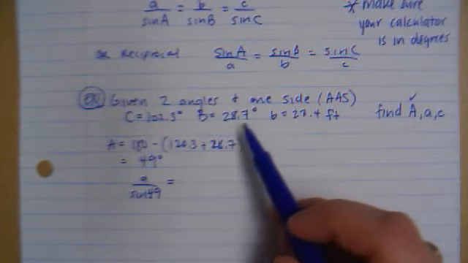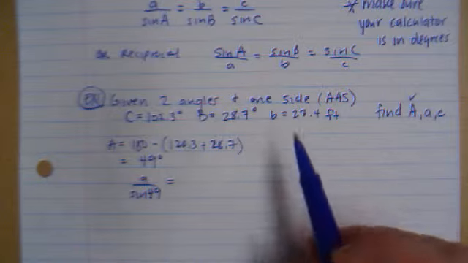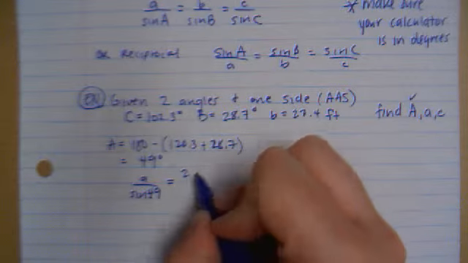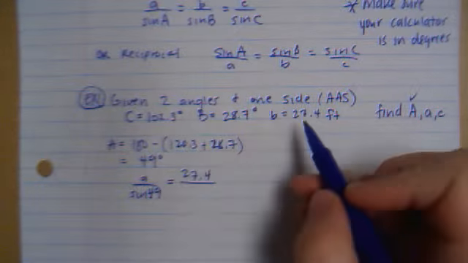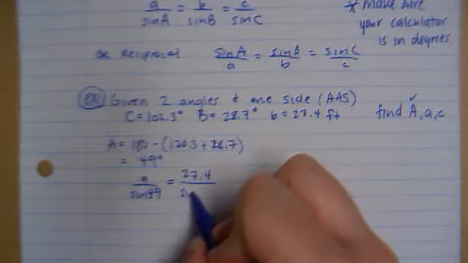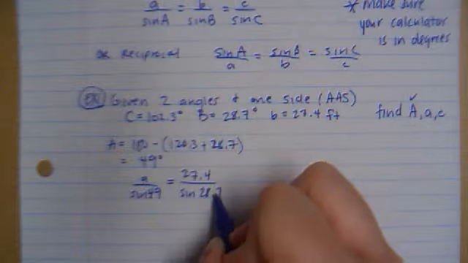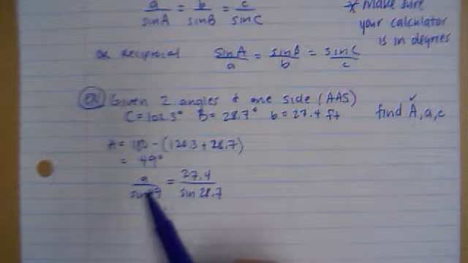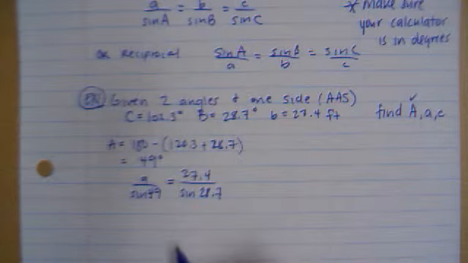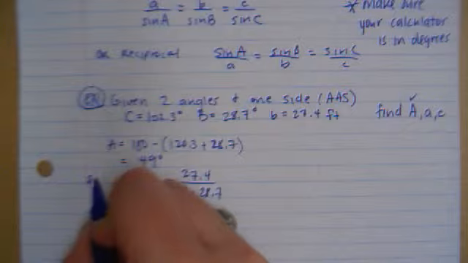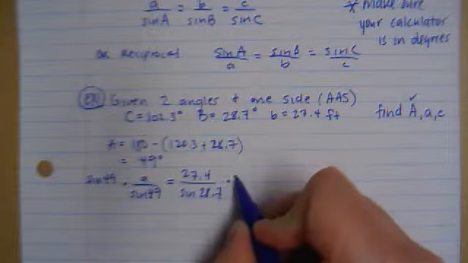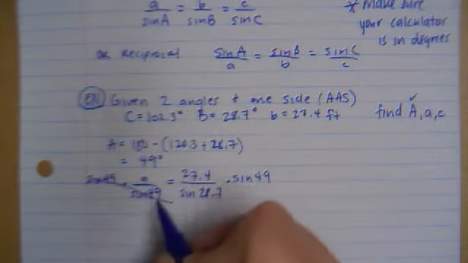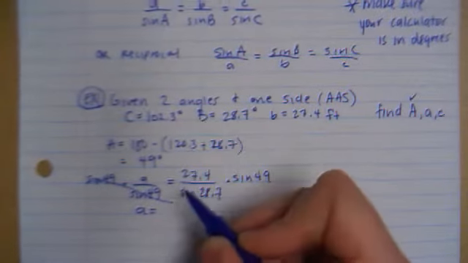I have both on b, so I'm going to use this one: 27.4 goes on top because that's little b, over sine 28.7. Now I want to solve for a, so I need to multiply by sine 49.